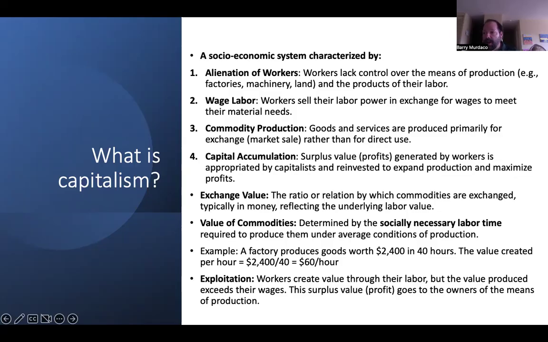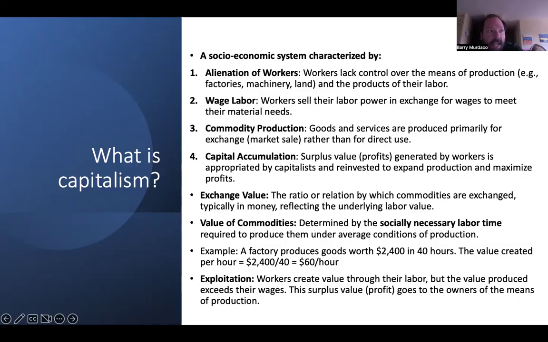More and more aspects of society become commodified. It also expands in a global and geographical way as well. It expands to other countries and encompasses more and more of the world, to the extent that the creation of a global market, a world market, is another essential characteristic of capitalism as well.